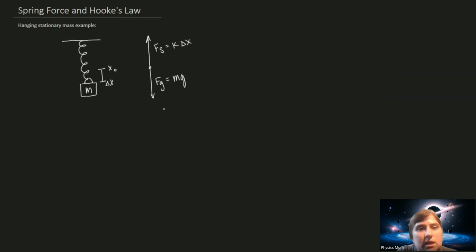So what this is saying is if I hang a mass from a spring and it's stationary, it's not accelerating, it's not even moving. So that means that the net force in the y direction, which is the only direction with net forces in this case, is going to equal 0. So F net equals 0 because it's not accelerating. Then the spring force has to equal the gravitational force.